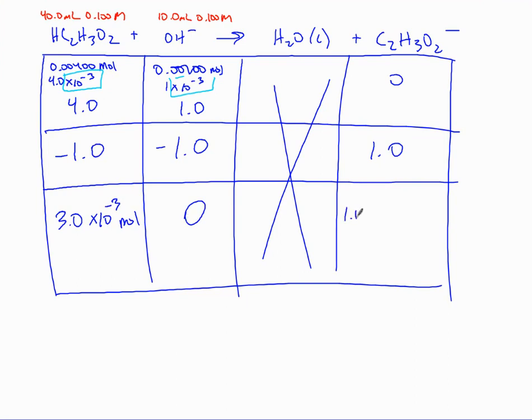And we have produced 1 times 10 to the minus third moles of the acetate. Is this an acid solution, a base solution, or a buffer solution? It's a buffer solution. We have a weak acid and its conjugate base.